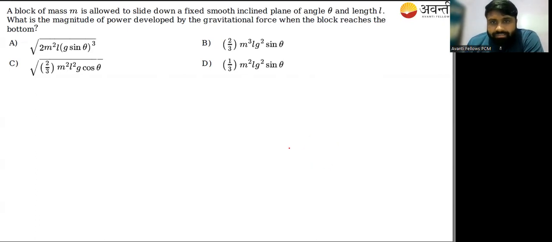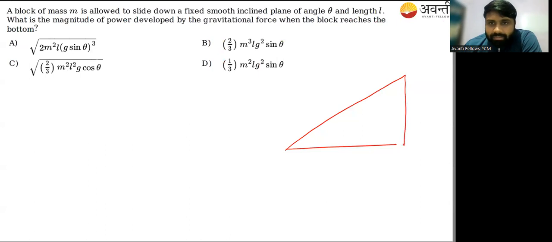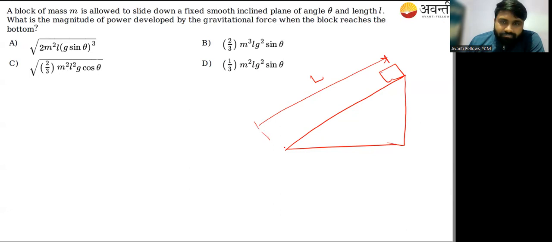So we will draw a figure here. Let's say this is the incline and the block is here. This length is given as L. Initially it is at rest, finally it has acquired a velocity V. So we can say that this angle is theta.